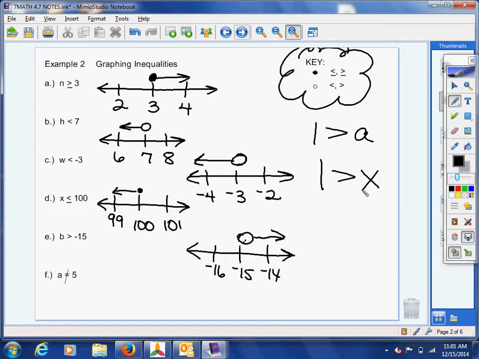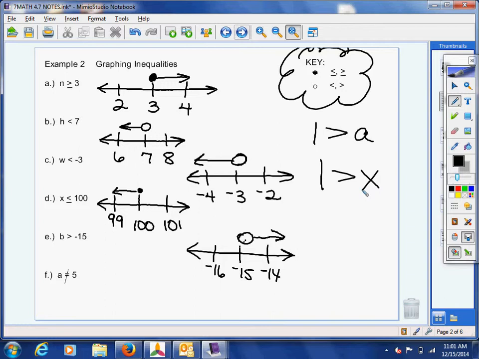If you've got a Sharpie, I'd rather use a Sharpie because you'll be able to see right through the paper, which is exactly what I want you to see. Just do it as dark as you can. Once you have it written down, 1 is greater than X.